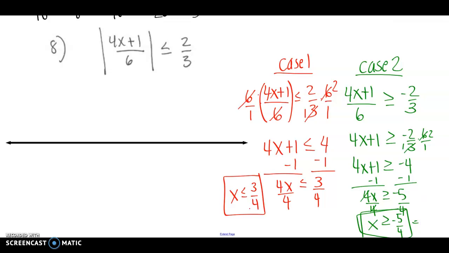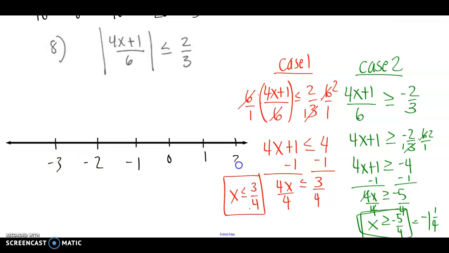So I'm going to make my number line convenient. I need 3/4 and negative 1 1/4. When I do my number line, they're negative. So if I start with 1, this is 0, negative 1, negative 2, negative 3.